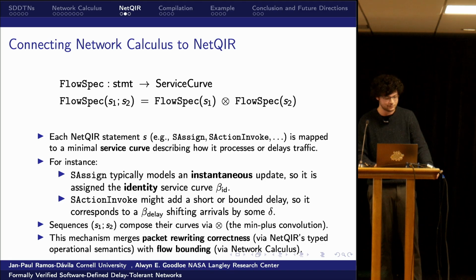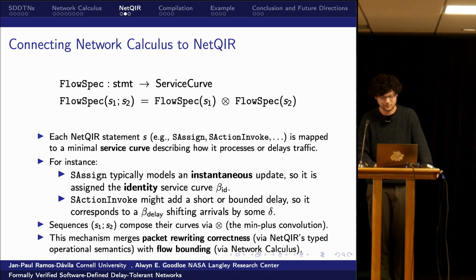Here we have flowspec, which is a function that for each NetQIR statement returns a service curve describing the minimal guaranteed service. The NetQIR language ensures statements are safe from this rewriting perspective. And while flowspec ensures that, we can also talk about the timing and throughput guarantees through this definition here.